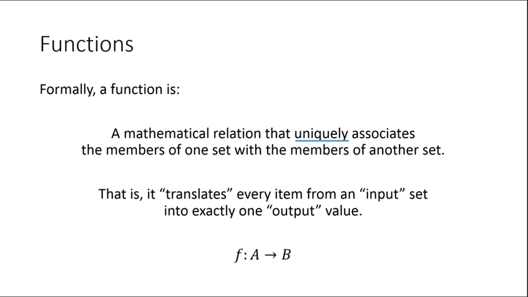Often we use letters like F, G, or H to denote a function, and we might use the notation you see at the bottom of the slide here to say that the function F takes elements from set A and translates them into elements from set B.